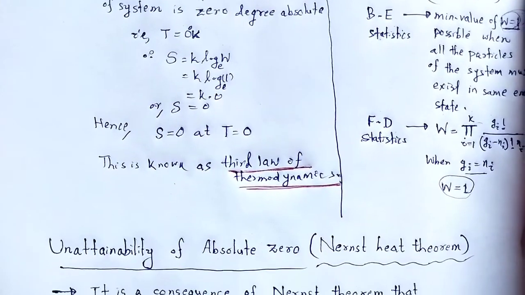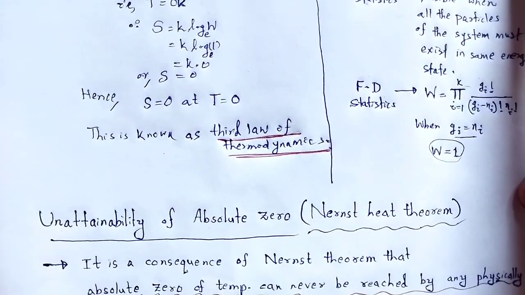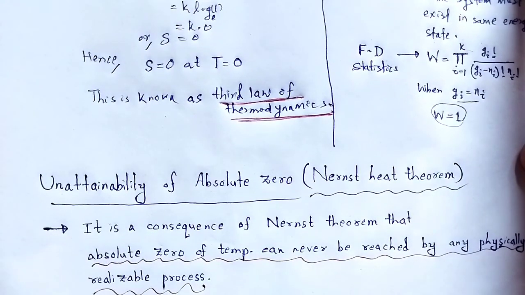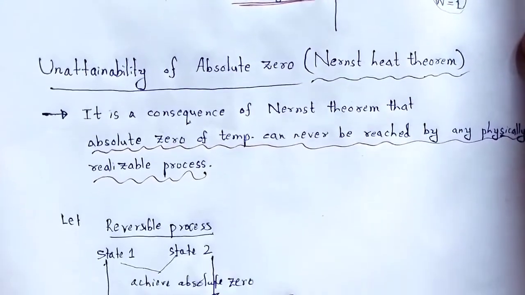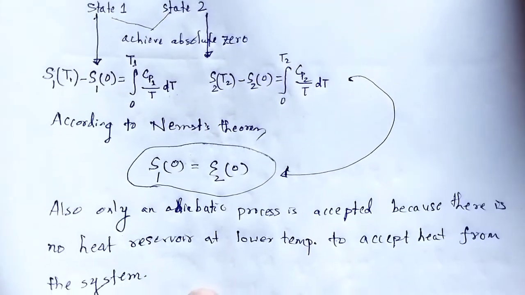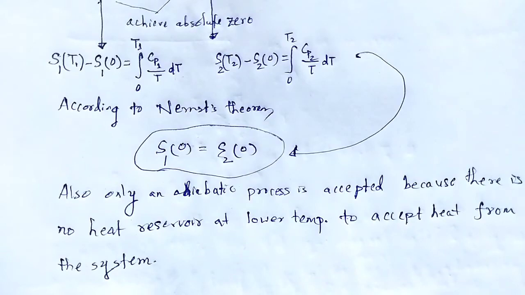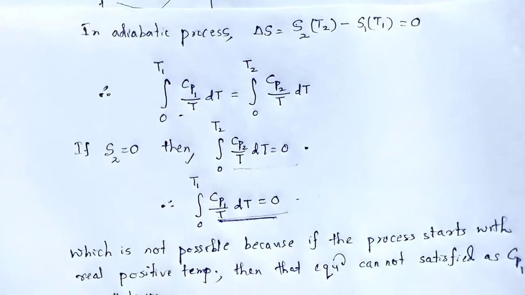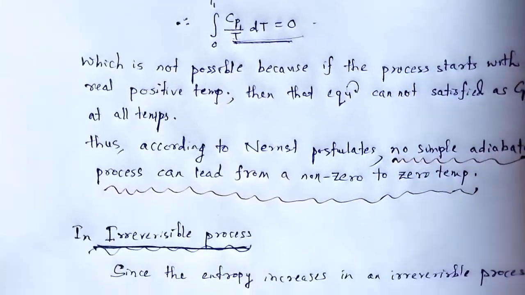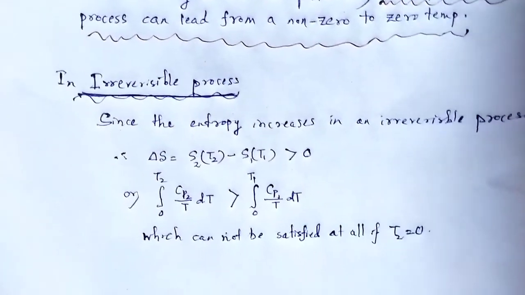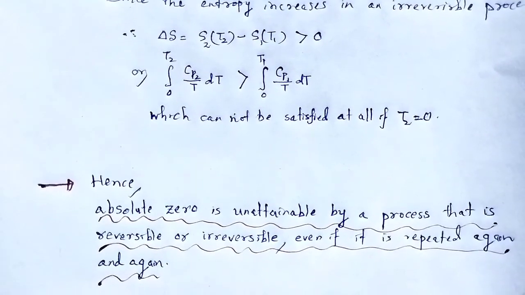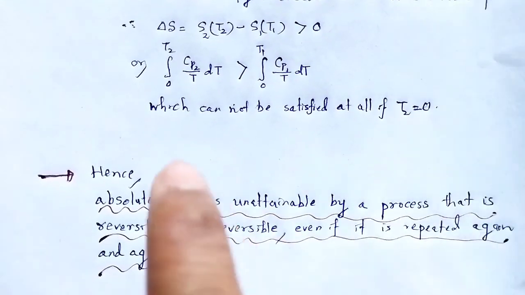And the consequence of the third law of thermodynamics, known as the unattainability of absolute 0, is basically Nernst's heat theorem. We take one reversible process and another irreversible process, but finally we conclude, final conclusion, we can't attain the absolute 0 temperature.